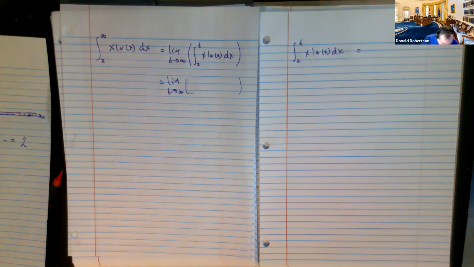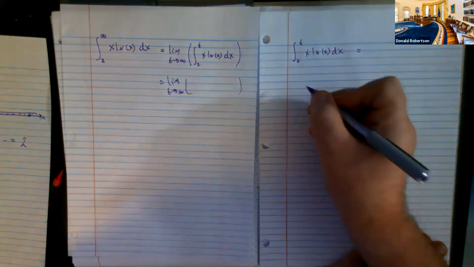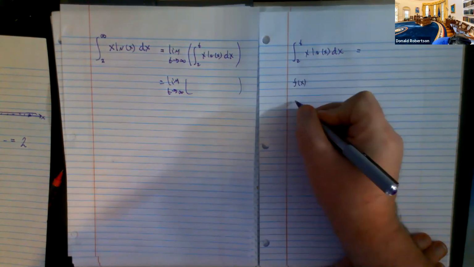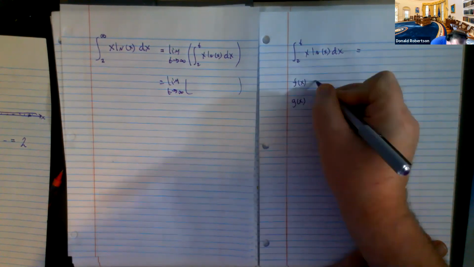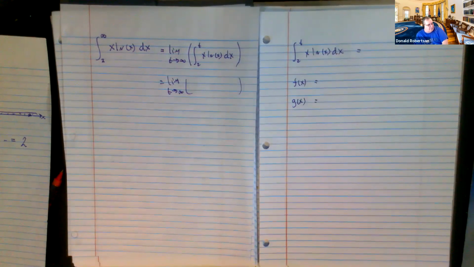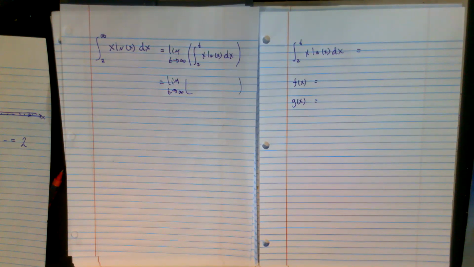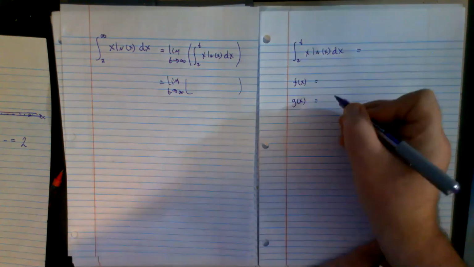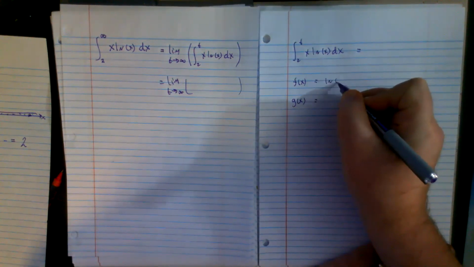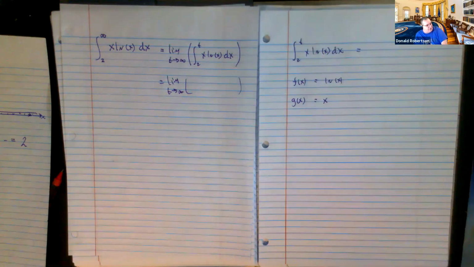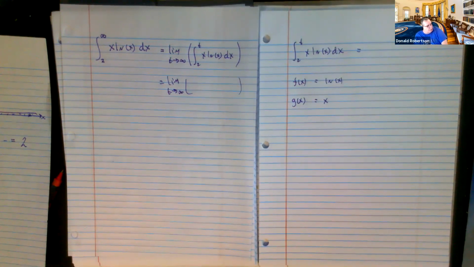Now, when you do integration by parts, don't you have to pick an f and a g? I need an f and I need a g. Who are you picking? I'd use natural log of x as f. Do you recognize that question or something very similar to it when we did integration by parts? Right?